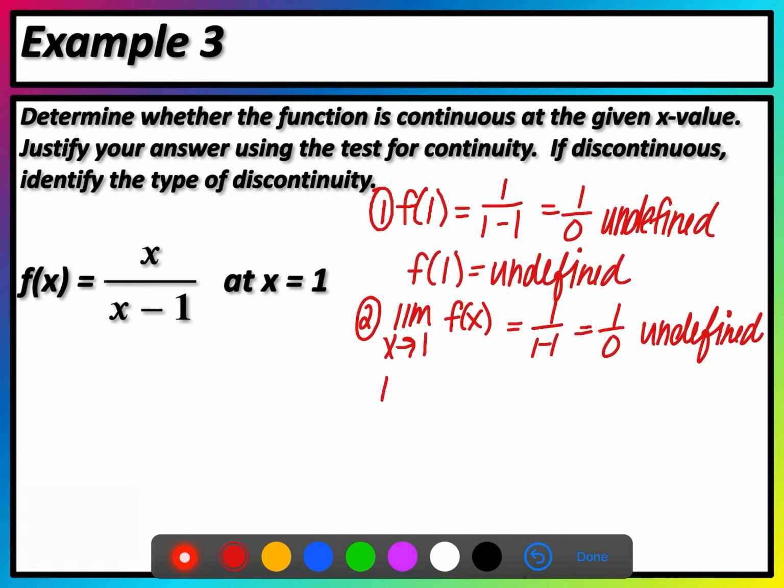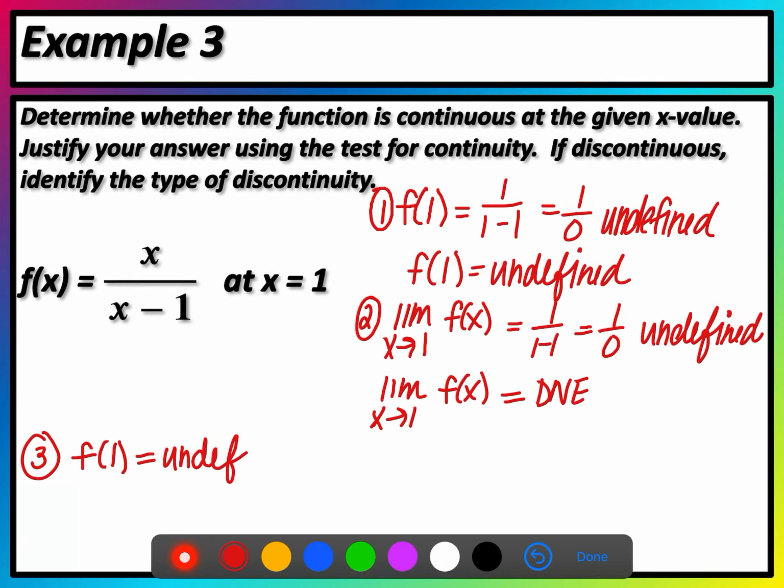Okay, remember when we're finding the limit and it's undefined algebraically, that means the limit does not exist. So what is my conclusion here? Well, my conclusion is that f of 1 is not even defined on the function. And the limit does not exist. So obviously they're not equal, and this cannot be continuous.